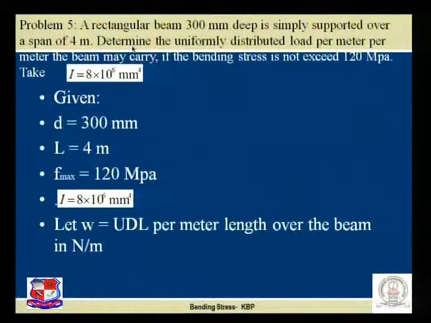The question asked is to find the uniformly distributed load that acts per meter length of beam. Two additional things given to us are F max 120 megapascal, 120 Newton per mm square, and the value of I, 8 into 10 raised to 6 millimeter raised to 4. So now what can we do?